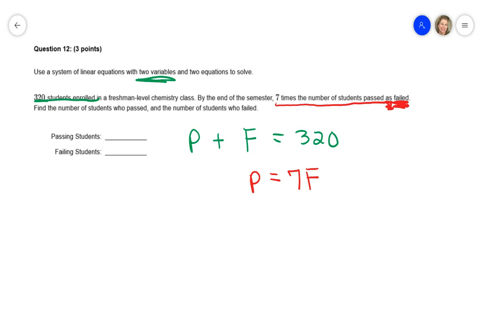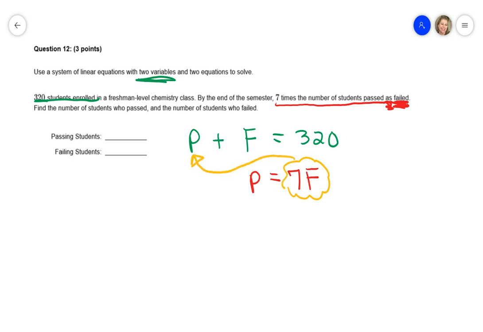Most people want to put F equals 7P, but it's actually P equals 7F, because 7 times the number of students passed as failed. So however many students failed, you'd have to multiply that times 7 to get the number that passed.